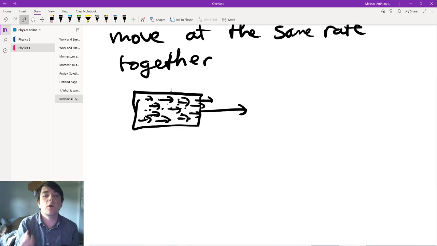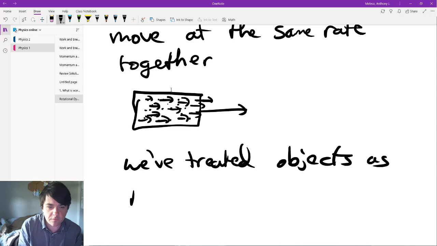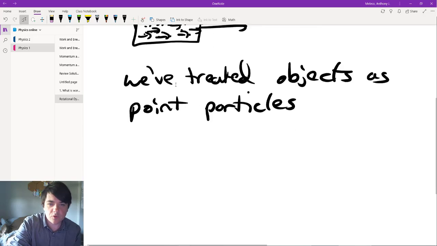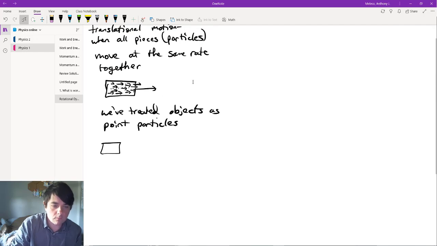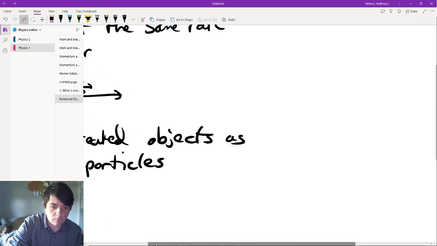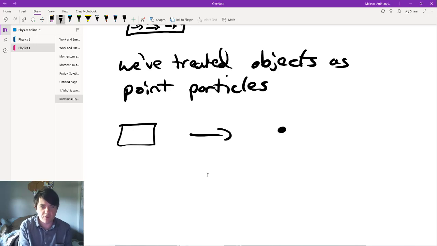And the reason this is true for us is because we've treated objects as point particles this whole time, which means that a box just turns into a particle. So because everything's a particle, everything's moving at the same rate.